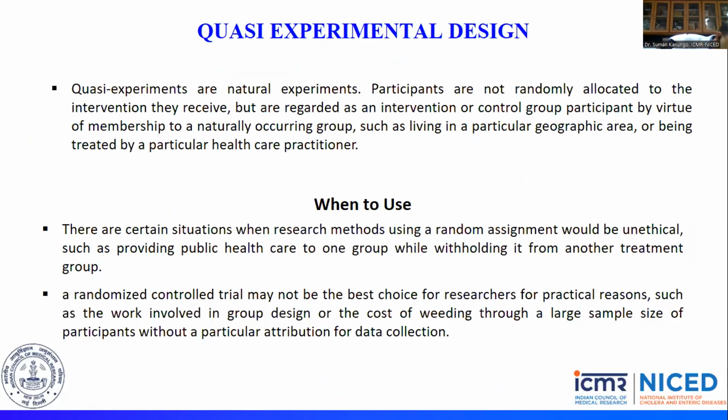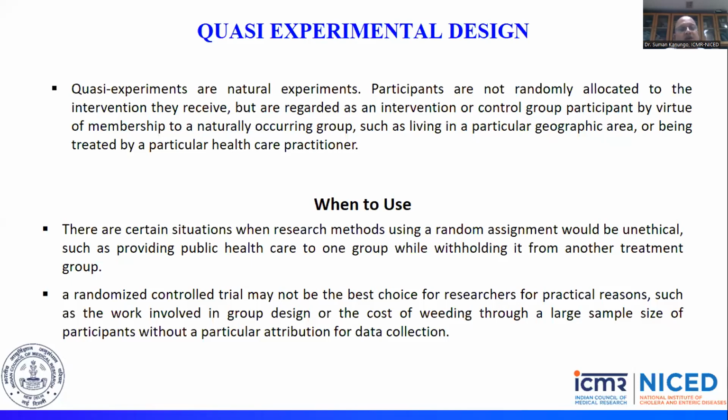Another which we would like to touch upon, which we were asked: what is quasi-experimental? In experimental design, as we understood, the assignment of the intervention is randomly allocated by the investigator. Here, it is assigned, but not by the investigator; these are natural experiments.